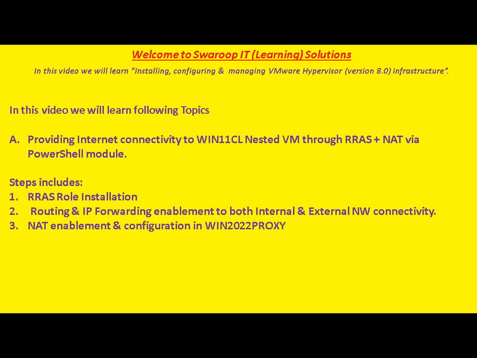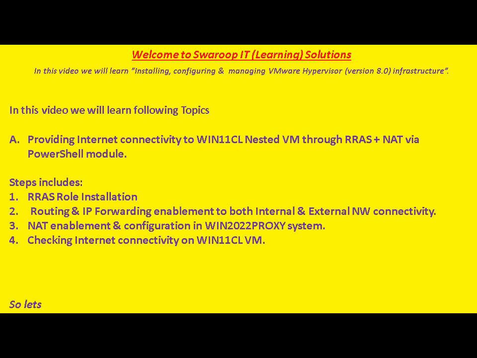Third is NAT enablement and configuration in the Windows 2022 proxy system. And the last one is, of course, checking the internet connectivity on the Windows 11 CL VM. Apart from the fourth option, the first three we will be doing through PowerShell, as I said earlier.